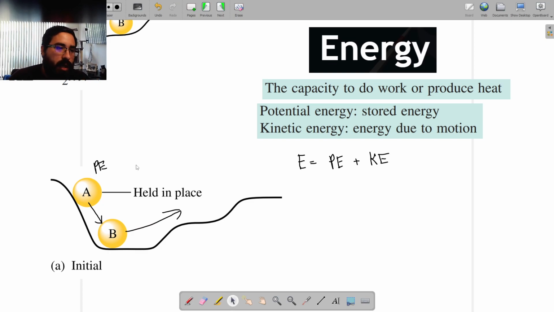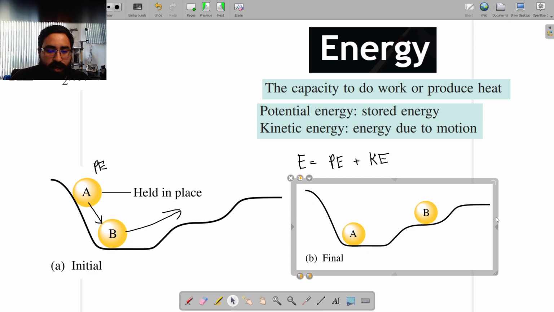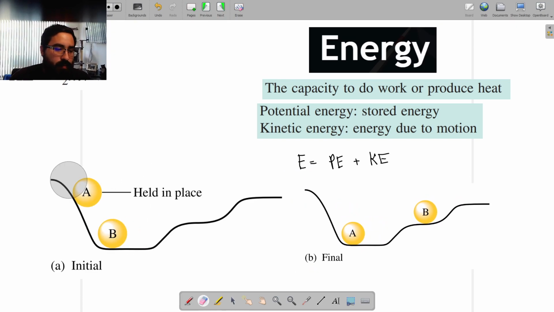All right, so what would that look like? Well, now it's over here. So what has happened? Well, the ball A has dropped down in potential energy. The potential energy went down. It used up a lot of that kinetic energy while going down. And it lost that kinetic energy in some form, right? So the change in energy occurred.